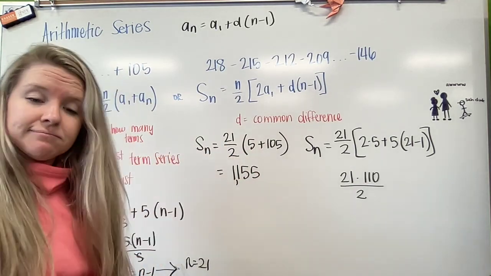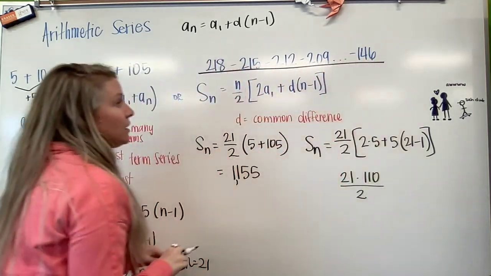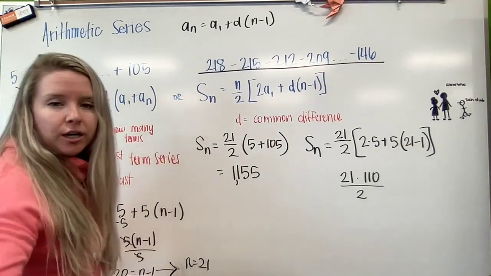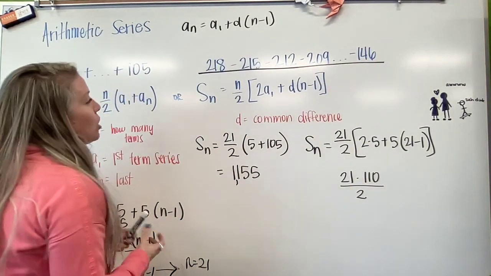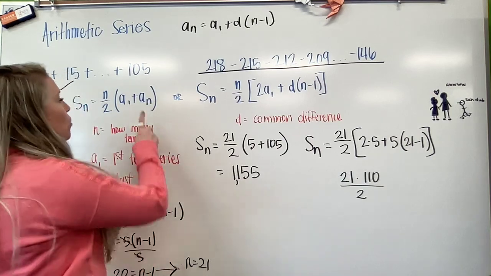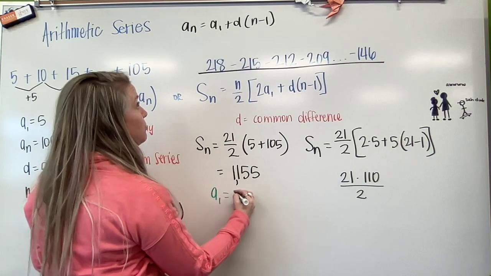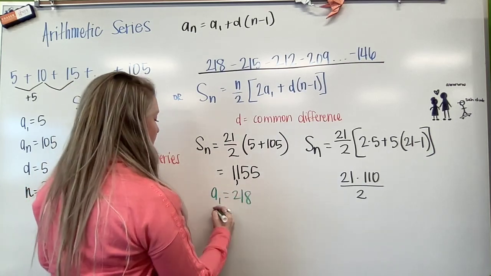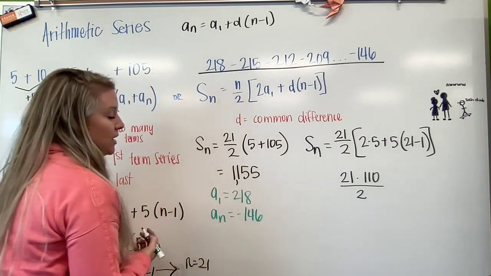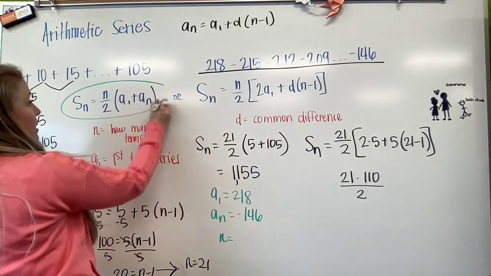Okay, so we have a second series here. We are actually subtracting from term to term. Okay? So all that's going to change here is our d is going to be negative. We could use either formula, but I'm going to say I have my first term, which is 218. I have my final term, which is negative 146, and I just want to know n. So I'm going to use this first formula here.